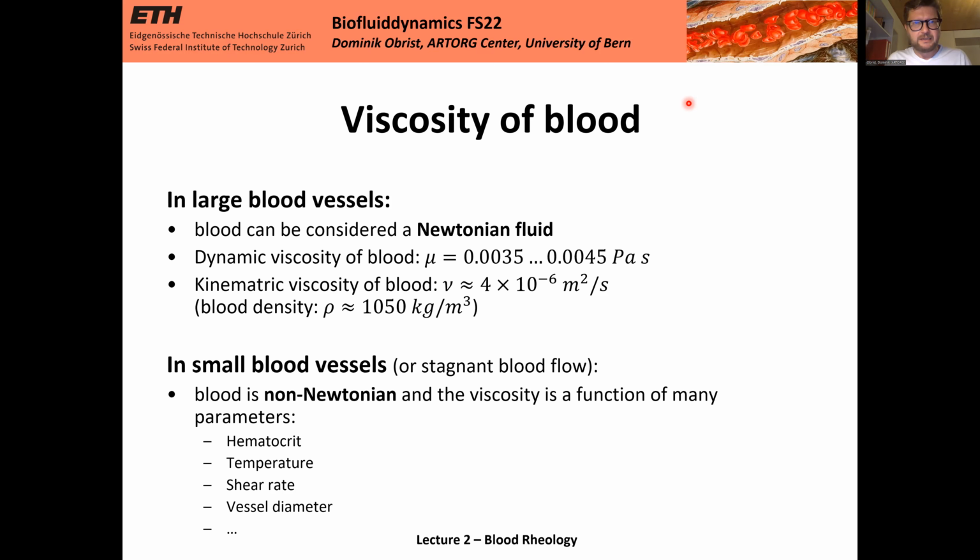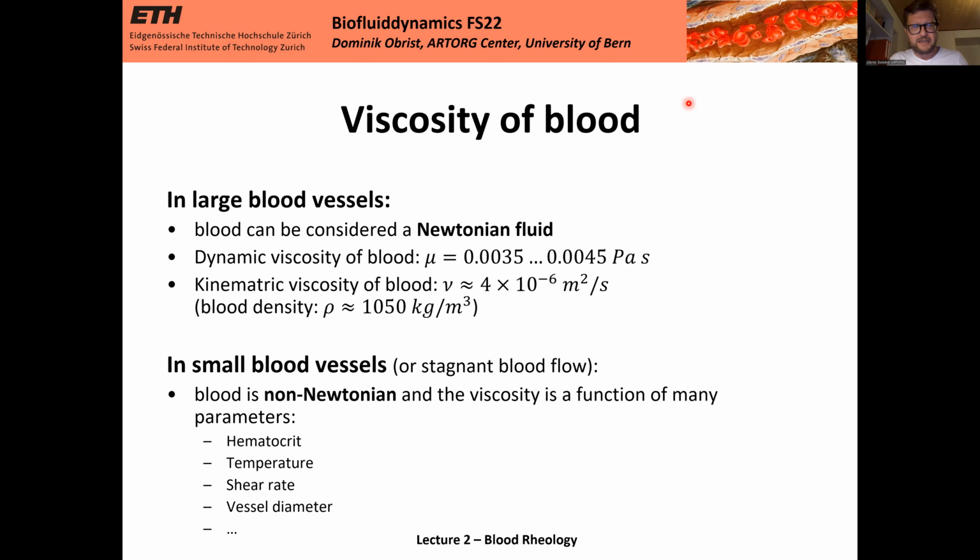The dynamic viscosity of blood, if we consider it to be Newtonian in large blood vessels, is on the order of 0.004 Pascal second, or in a certain range. That depends a bit on the particular individual or the local hematocrit and so on. So this is roughly 4 times higher than the viscosity of water.